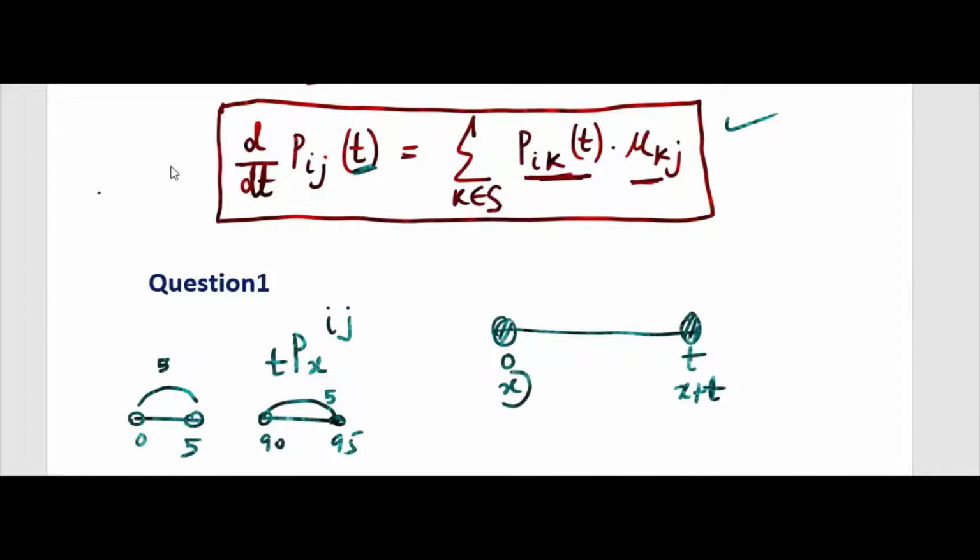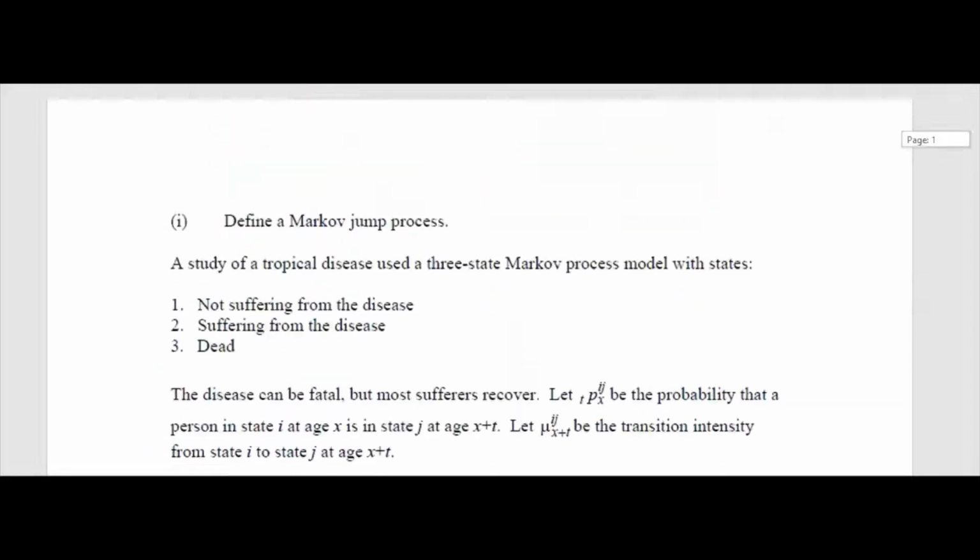So if present age is x and we are talking about the age duration t, x to x plus t, we write the states here. This i will be here, this j will be here, and t will be x to x plus t. The duration we write here, but we can't write otherwise. This symbol is already in use in CT5, that is CM1.